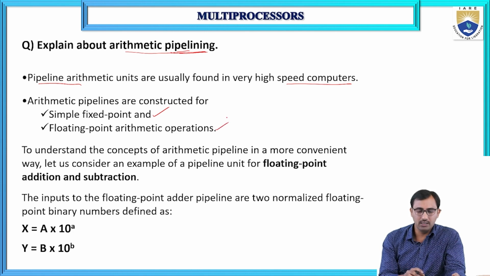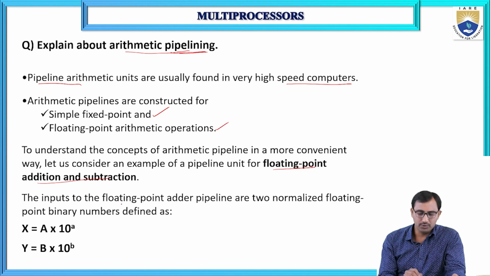To understand the concept of arithmetic pipeline in a more convenient way, let us consider an example of a pipeline unit for floating point addition and subtraction. By taking this, we can see how the arithmetic pipeline takes place.